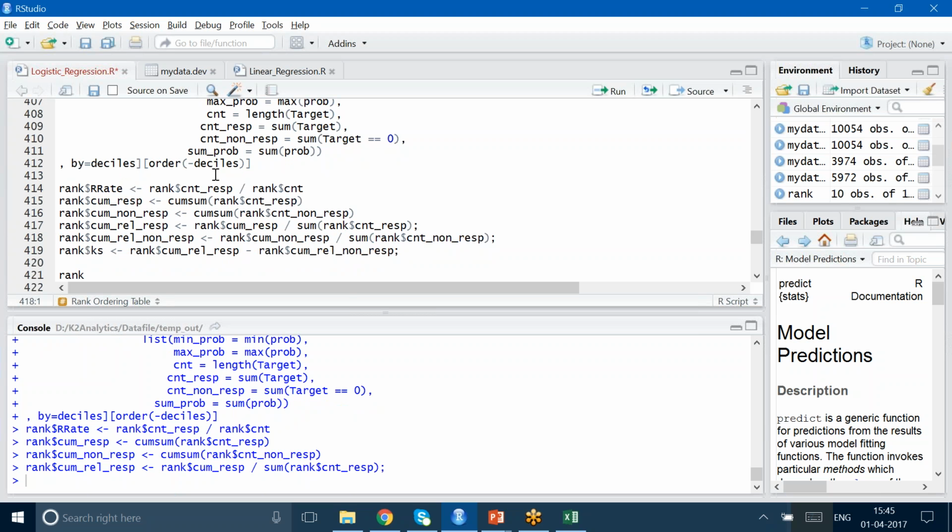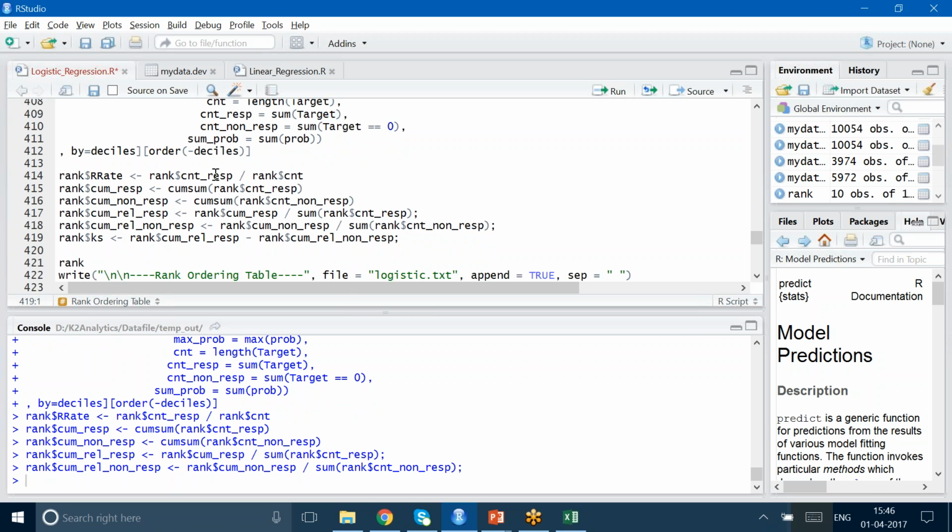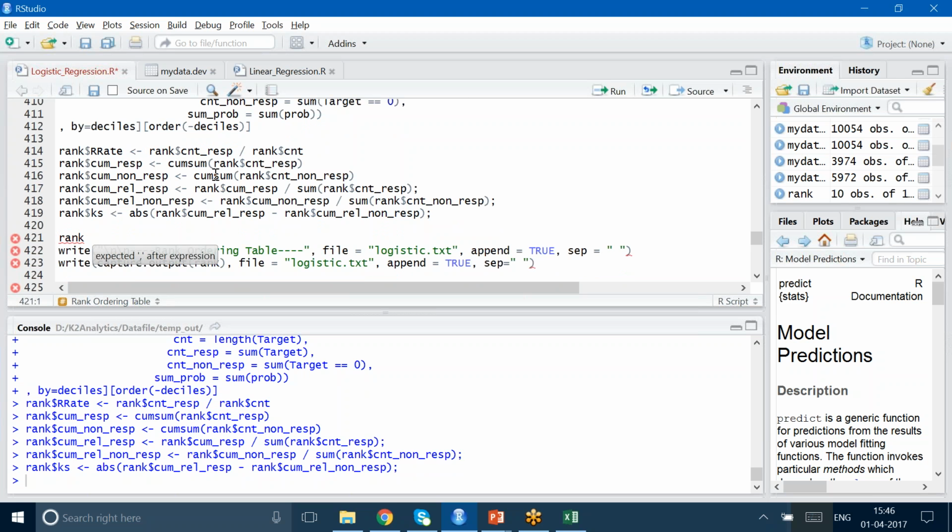This is the formula, and cumulative relative non-responders, and then I'm computing the KS, which is the difference between cumulative of responder minus cumulative of non-responders. Actually, I should put here absolute. Okay, done. And let us now view this rank ordering table.